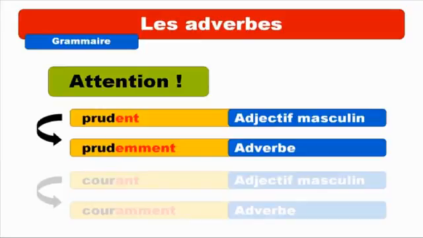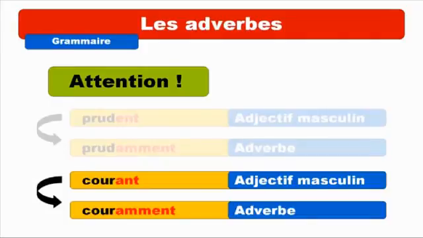Prudemment. All right, so let's pronounce together. First we'll pronounce the adjective, prudent. Repeat. Prudent. And then the adverb now is prudemment. Repeat. Prudemment. Now let's see the second group of strange adverbs.